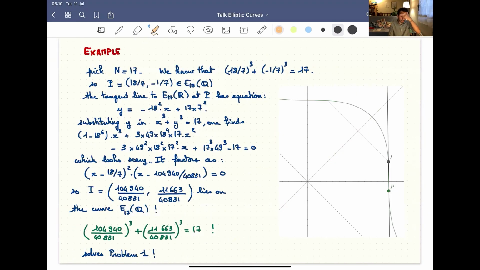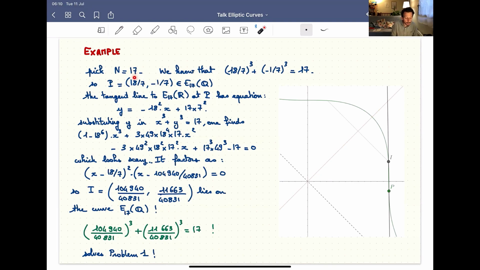So one example of this process is this one. Again, the way I describe this with words, I hope it's clear that this is a process that can be dealt with explicitly. So we start with n equals 17. So it's the setting of problem 1.